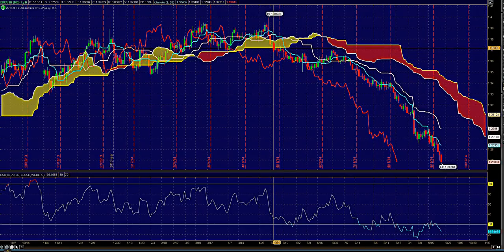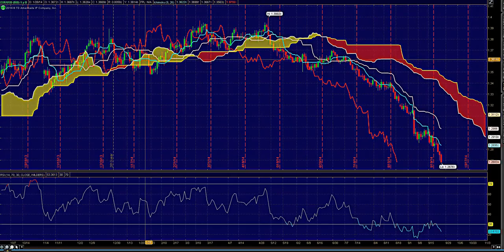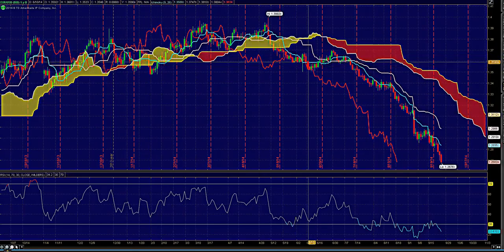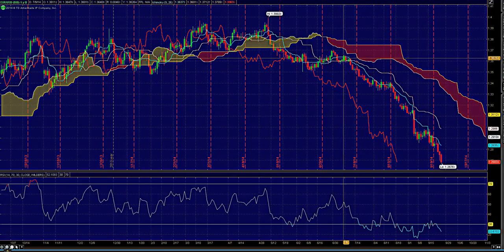So for those who like to hold on to trades, this will definitely benefit you. Your stops may be wider, but you will be holding a position for quite some time, weeks to even months at a time. And once the Tenkan crosses below the Kijun, it does signal further downside at that level.